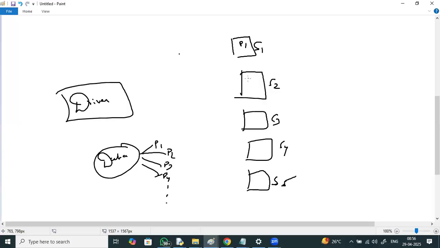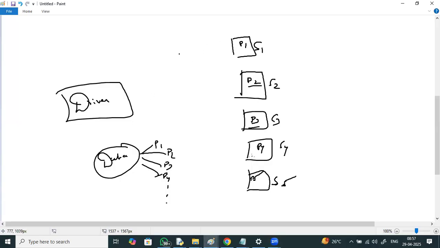Here P1 is a partition, P2, P3, P4, P5 are partitions. Data is divided into partitions and stored across multiple systems. Who should execute these partitions?